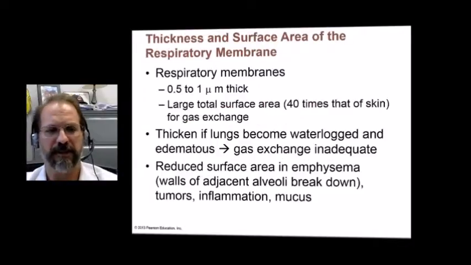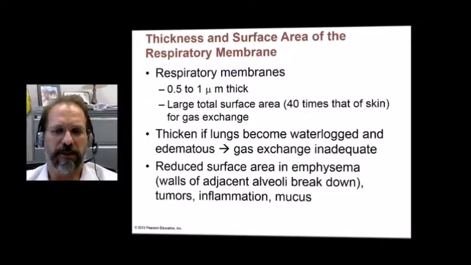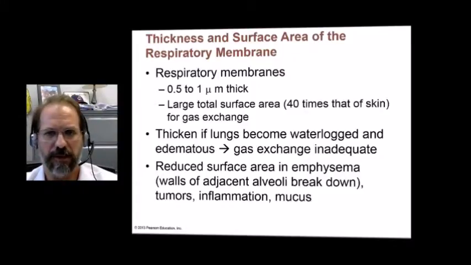Let me back up here for just a second and talk about the respiratory membrane. I told you what the respiratory membrane was just a second ago. It was our type 1 pneumocytes and the endothelium, the endothelial cells.